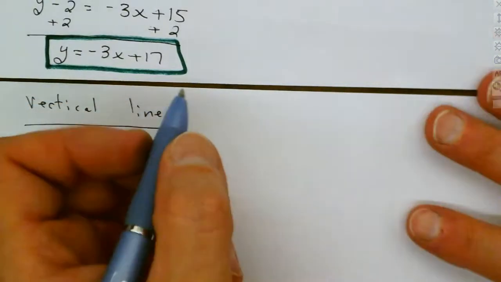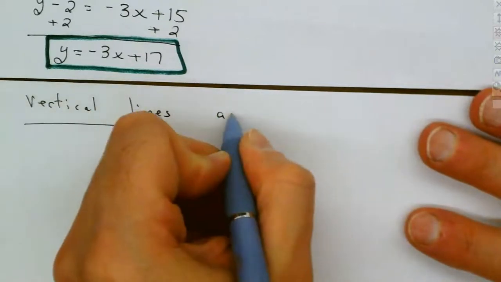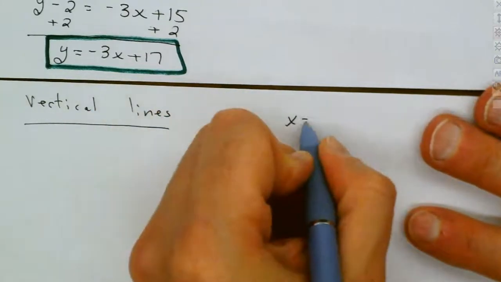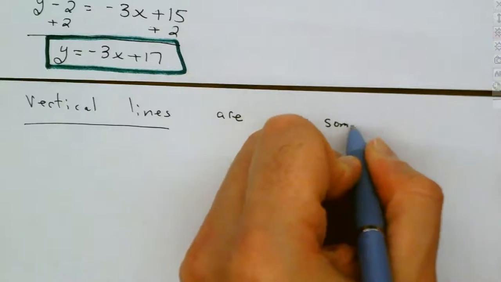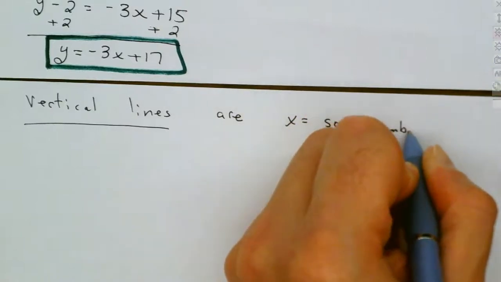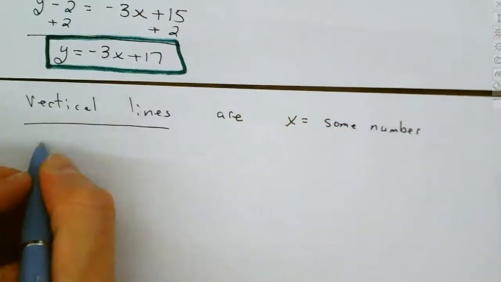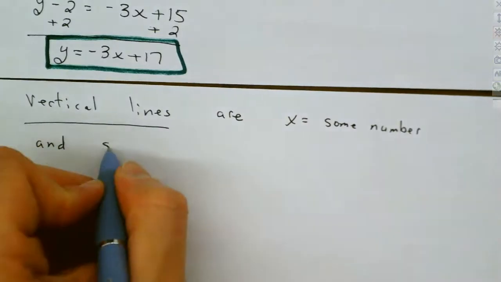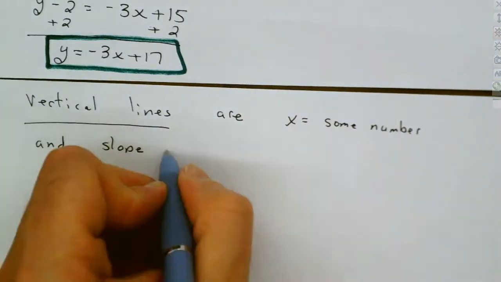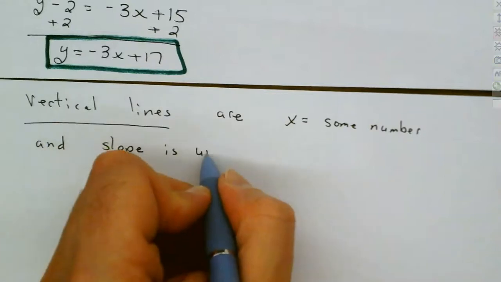Vertical lines are x equals some number, and the slope is undefined.